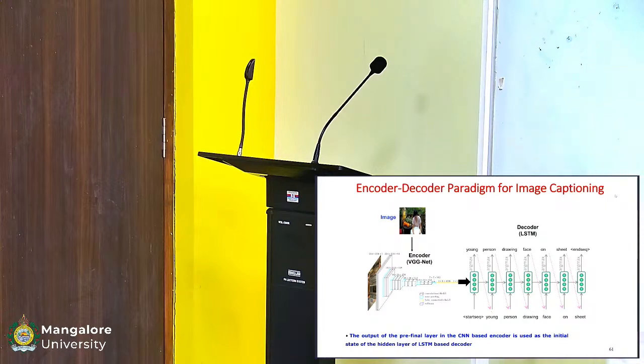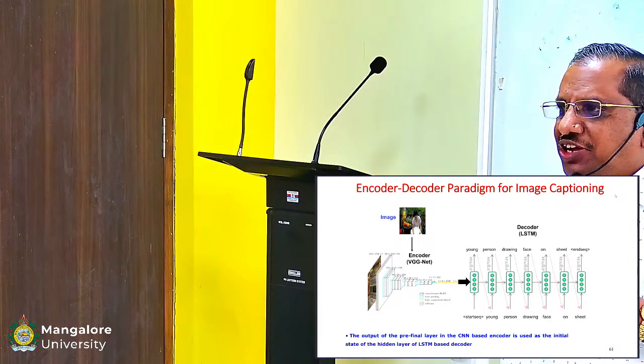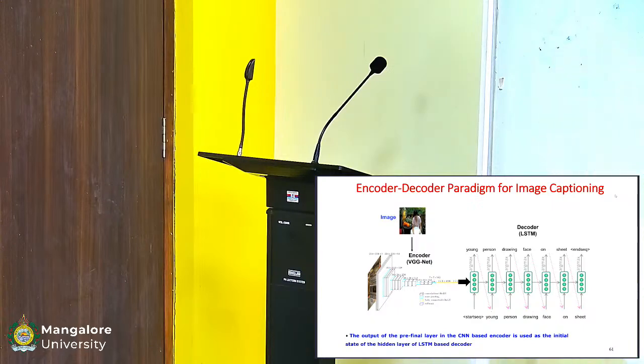And once it generates that word, that goes again as input to the hidden layer. That takes the output of the hidden layer from the previous time instant, and also this additional input saying that I have generated this first word, young, then it needs to generate the next word. In this case, the next word is person. So this continues until we reach the end of the sequence.